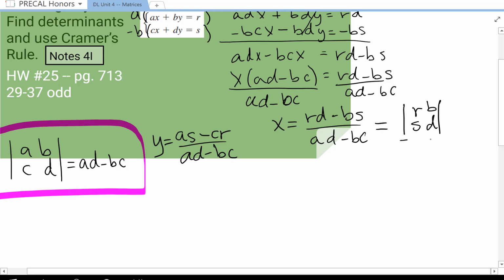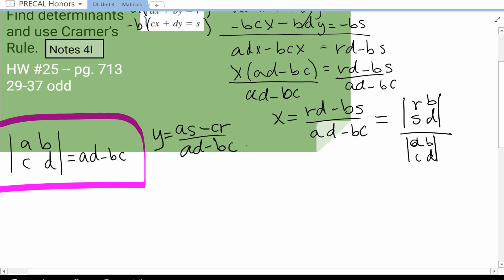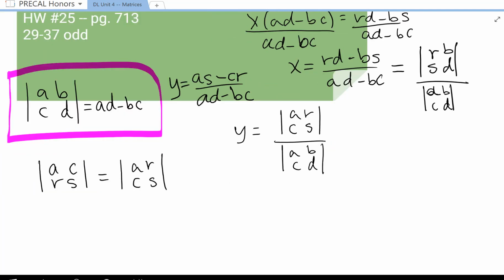Okay, divided by, the denominator is also a determinant of a 2 by 2 matrix, literally the one in the formula, AD minus BC. So A, B, C, D. And similarly, we get y is equal to the determinant with A, R, C, S over the determinant A, B, C, D.